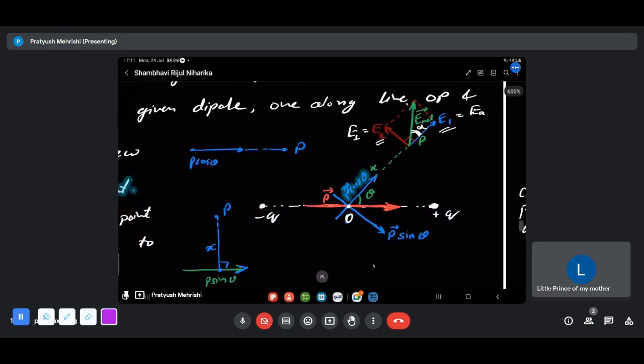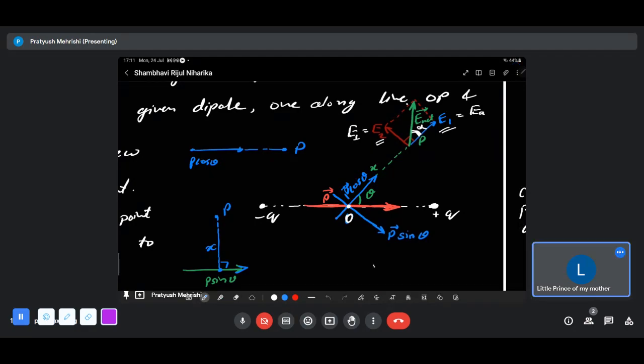Are you able to see this diagram? Now see, earlier we were given these two charges minus q and plus q. In these two charges there was a dipole moment P. This is the dipole moment P, this red one, from negative to positive charge. We took its component along the line joining the center O to the point P. Are you able to see this dotted line?